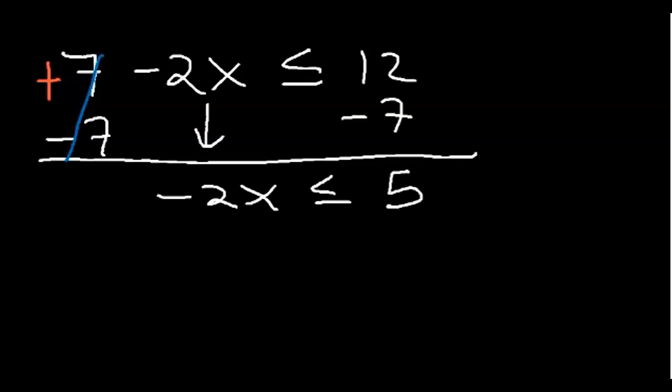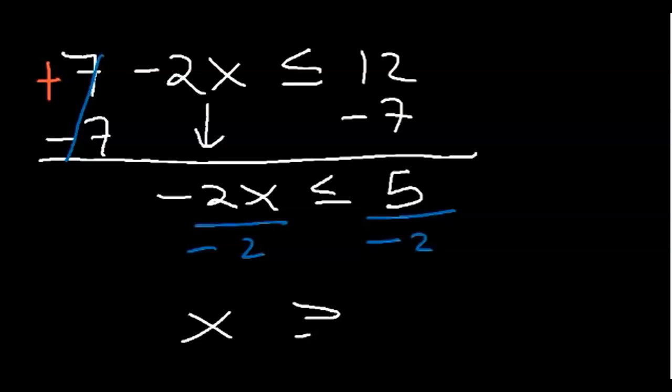Now to get x by itself, we need to divide both sides by negative 2. Now whenever you multiply or divide by a negative number, the inequality is going to change direction. So we have a less than symbol, but now it's going to be a greater than symbol. So x is equal to or greater than negative 5 over 2, which is the same as negative 2.5.